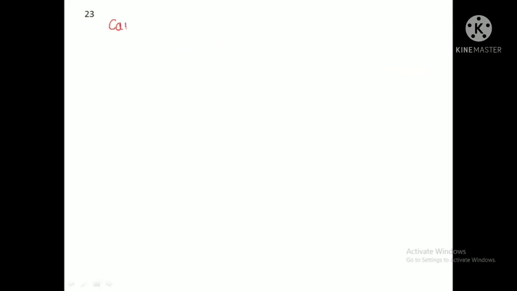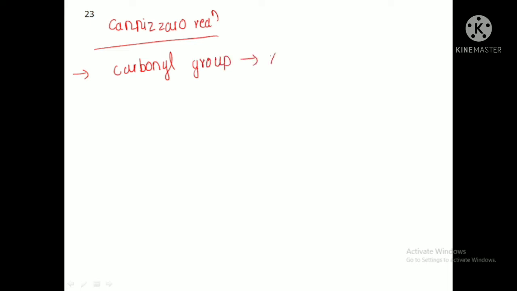Next is the Cannizzaro reaction. Here the carbonyl group should not contain alpha hydrogen.